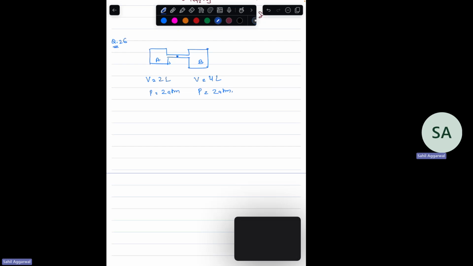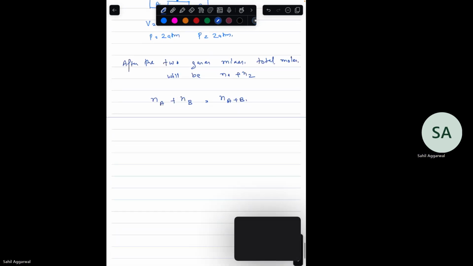We know that after the two gases mix, total moles will be N1 plus N2. That means moles of flask A plus moles of flask B. That's it.